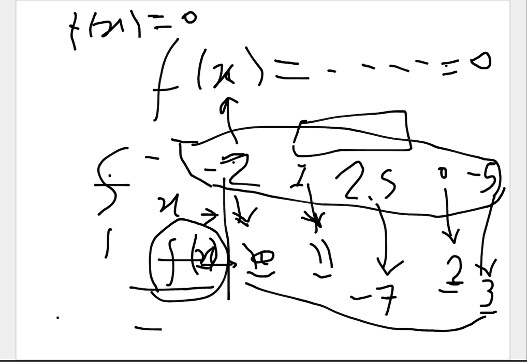So this value -2 causes f(x) to be 10, 1 causes f(x) to be 11, 20 half causes f(x) to be -7, 0 causes, for example, 2, and -5 produced 3.